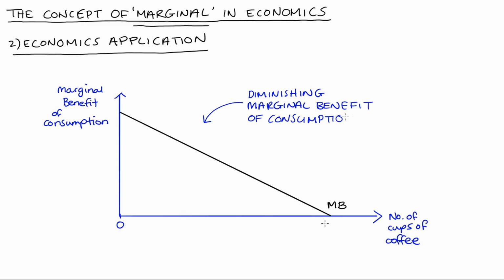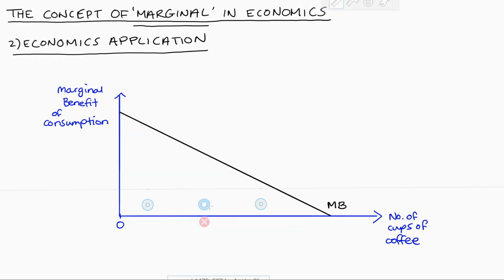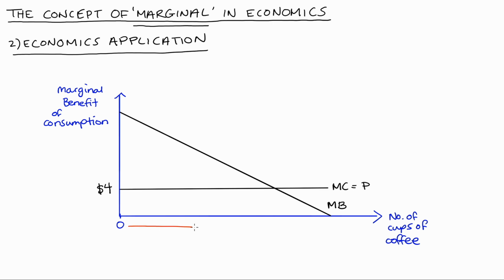Now, the price of each cup of coffee is still 4, so it's constant. It doesn't change as the quantity of cups of coffee changes. So it's just a straight line at 4. And actually, in this case, we're going to say that the best that our consumer can do, so the optimal number of cups, is to consume right up until marginal benefit is equal to the price, or to say this another way, up until where marginal benefit is equal to marginal cost.